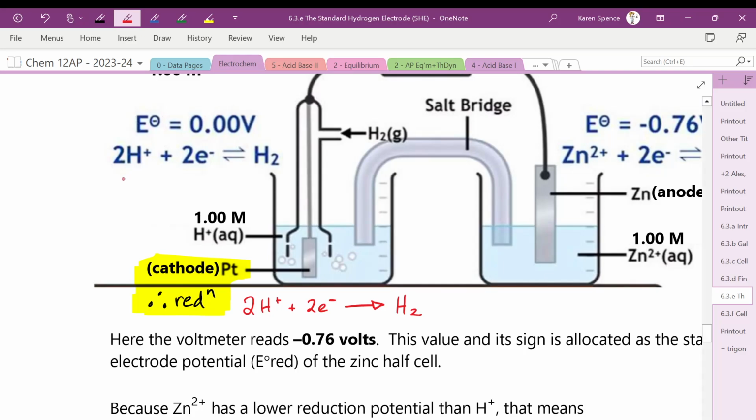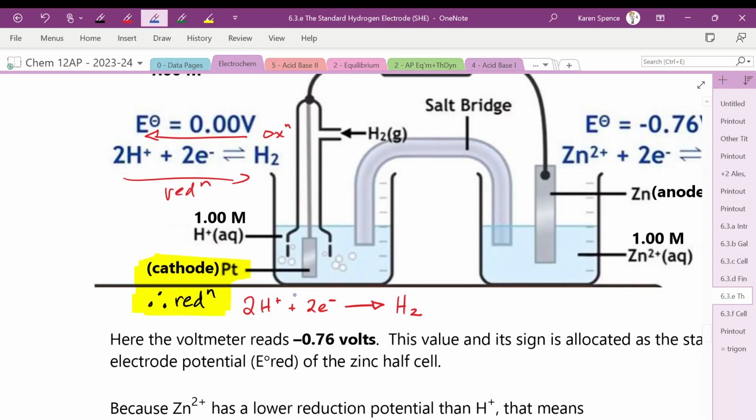So if we're looking, are we going forwards or are we going backwards? What half reaction is happening in the forward direction? That's reduction. And the backwards is oxidation. And so we are going in the forward direction.